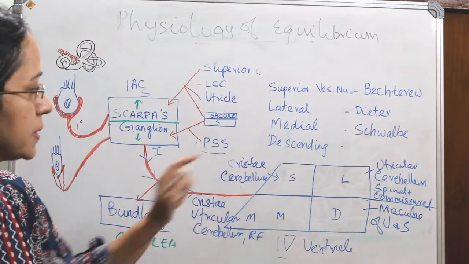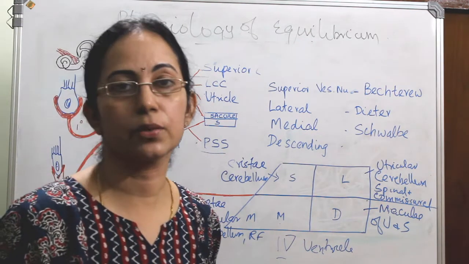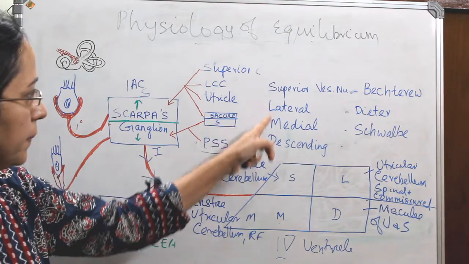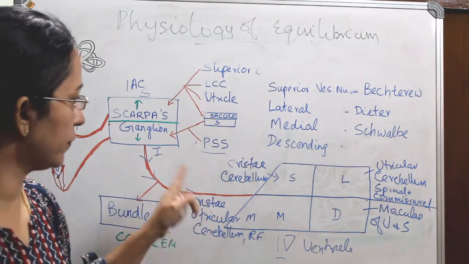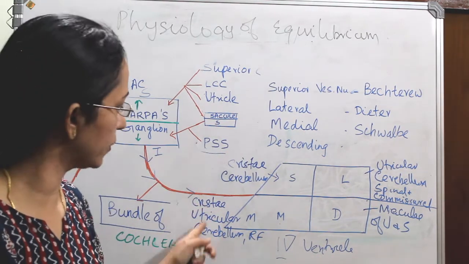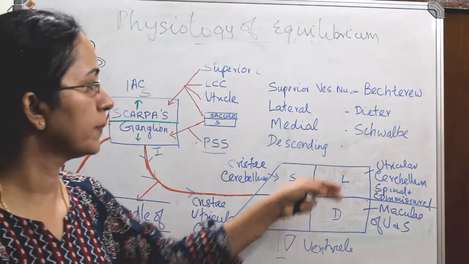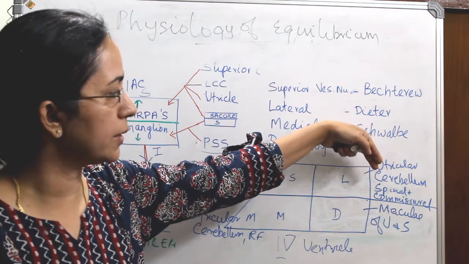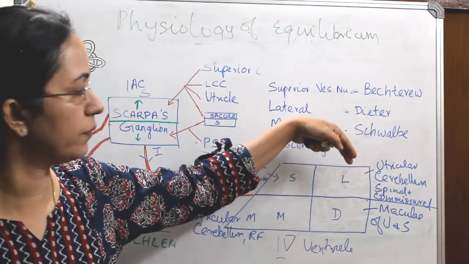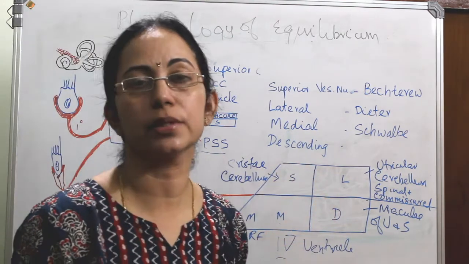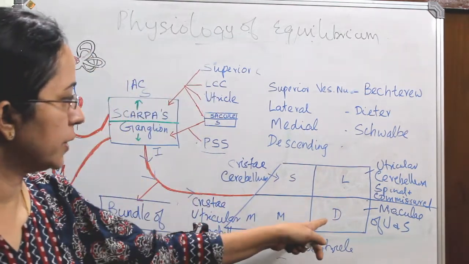To the superior comes the crista of the semicircular canals and also the cerebellum, and into the medial part, crista of the semicircular canal along with the utricular macula, cerebellum and reticular formation, and fibers from the utricular macula, cerebellum, spinal and commissural fibers go to the lateral, and the macula of the utricle and saccule going to the descending tract.